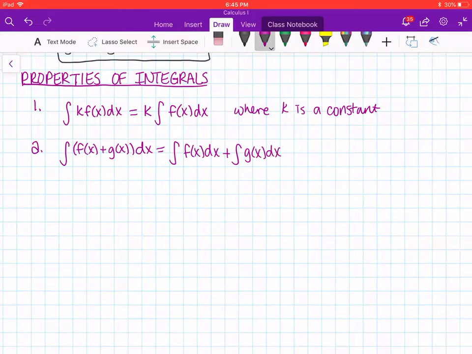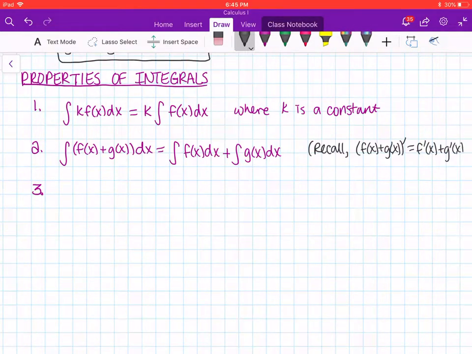And that's really great. You should be thinking about this with the derivatives. We can do that also. Maybe I'll just say recall, the derivative equals, take the derivative of the first plus the derivative of the second.